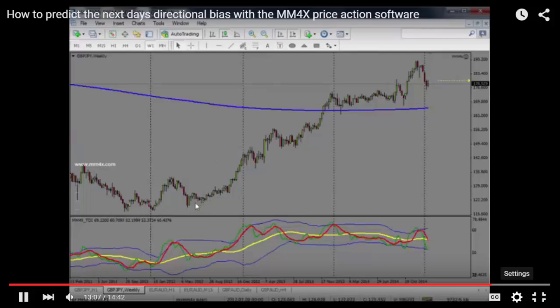What I can see from this point here is that there is a fairly good trend going up. So I'll analyze the larger time frames also to get my direction.